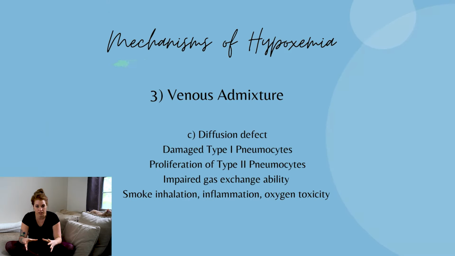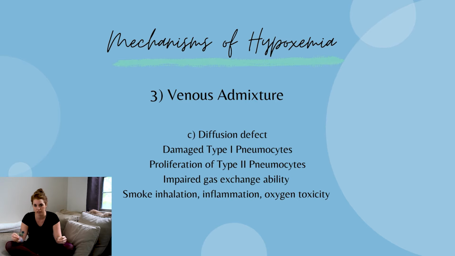The third type of venous admixture is a diffusion defect or a diffusion deficit. And this is why I wanted you to know the different types of pneumocytes. In a diffusion deficit, you have damaged type 1 pneumocytes, meaning the cells in your lungs that are responsible for gas exchange are damaged and not functioning. This causes hypoxemia because once those type 1 pneumocytes are damaged, our type 2 pneumocytes, the surfactant secreting pneumocytes, will start to proliferate and eventually will differentiate into type 1 pneumocytes.